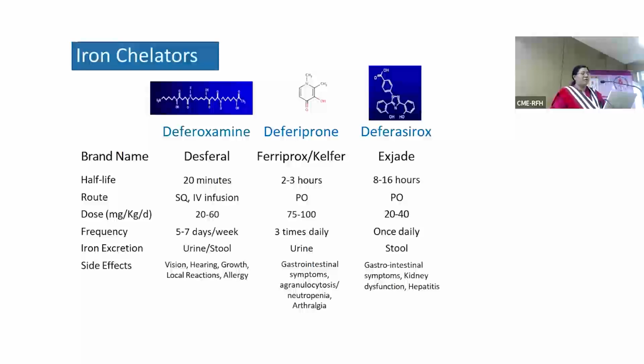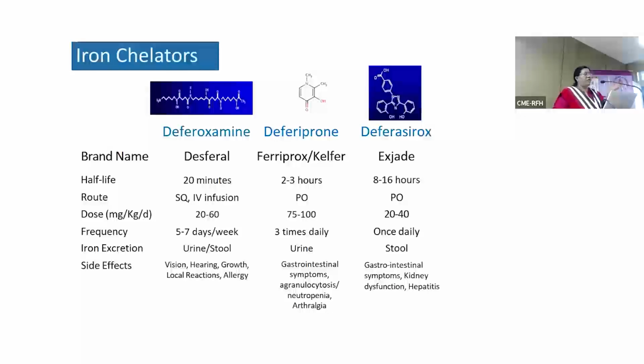Deferasirox, we all know, is to be taken orally in the morning, preferably on an empty stomach, without any iron-containing food, and not in a metal container, so that it does not chelate to the container by itself. So use glass, or plastic with a glass spoon. Nowadays, the new product called FCT, film-coated tablets, is also available, which can be taken more flexibly. It is not necessary to take it in the morning.